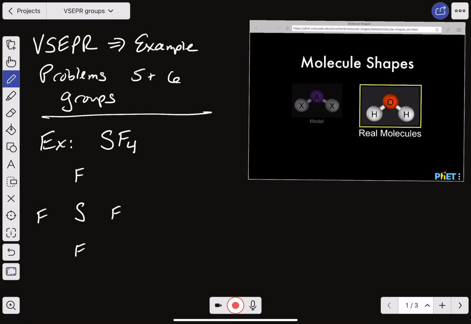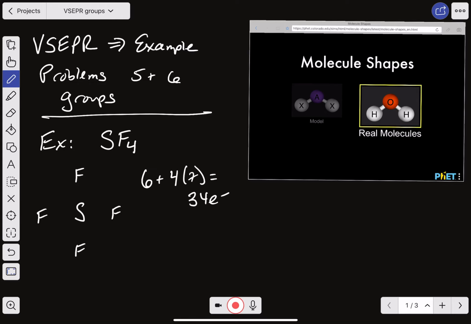Then I have to do an electron count. Sulfur has 6 electrons, plus there are 4 fluorines that each have 7. So 4 times 7 is 28, plus another 6, so this should have 34 valence electrons total.